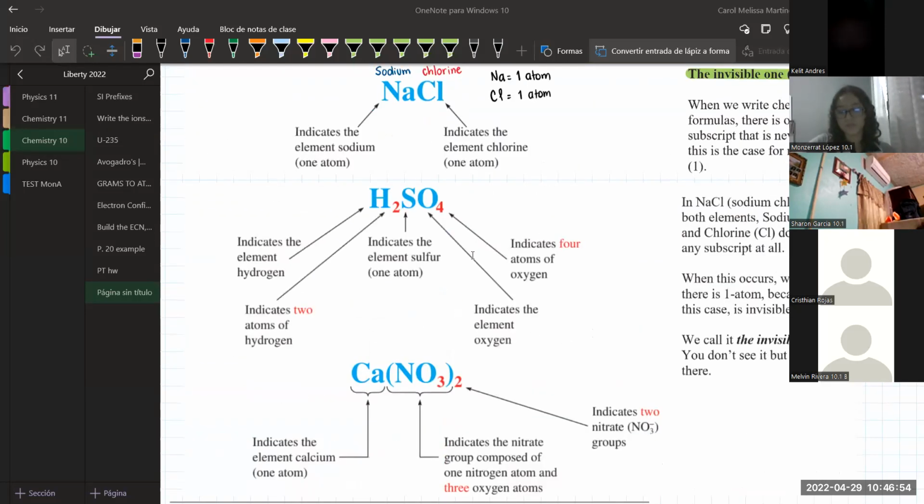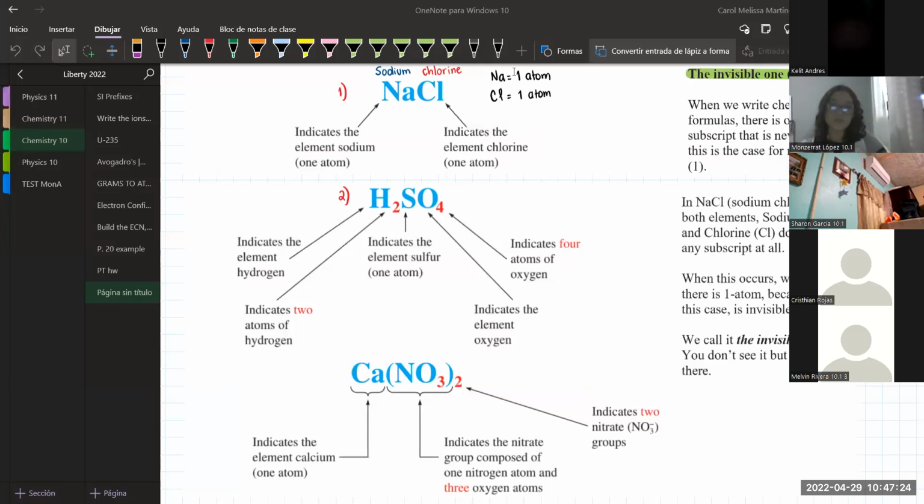In this second example, this is the first example, that is NaCl. In the second example, it is an acid that is known as sulfuric acid. Right now, in this moment, you are not going to learn how to name acids, but probably in a month you will know.